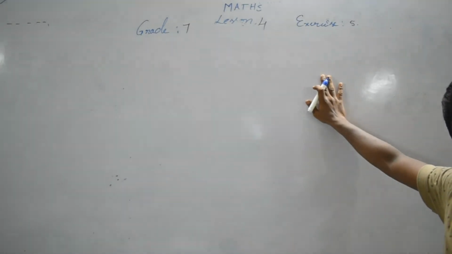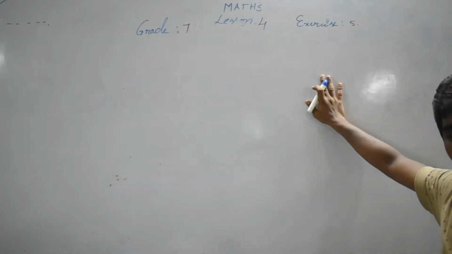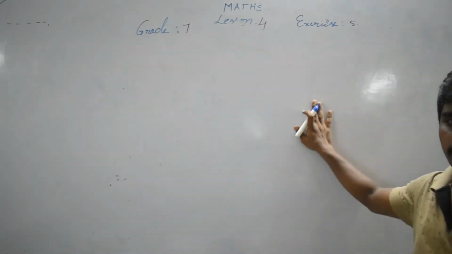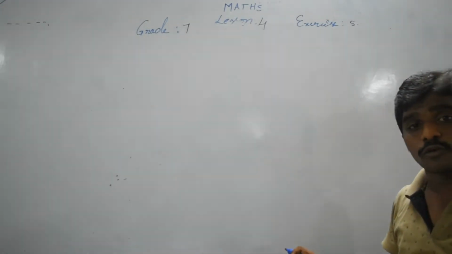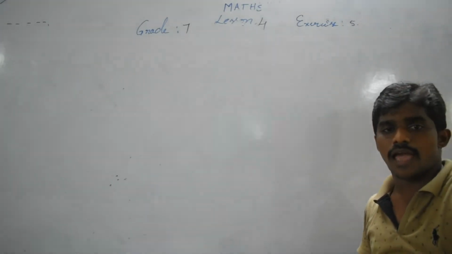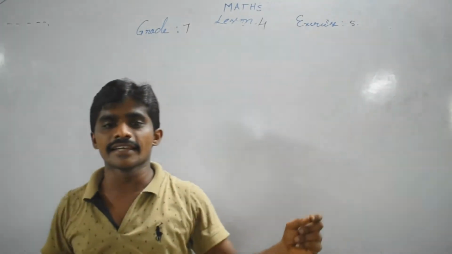The sum of the adjacent angles equal to 180 degrees, those angles we call a linear pair.